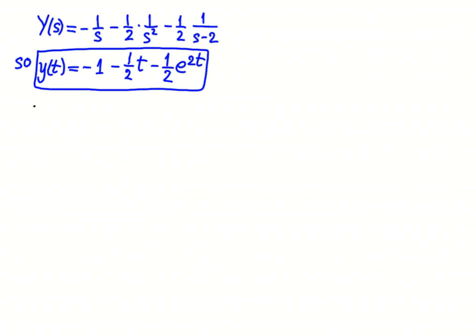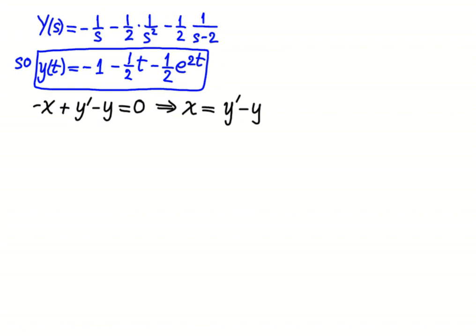-x plus y prime minus y equal to 0. And we solve for x. So x will be equal to y prime minus y. Just move x to the right hand side.